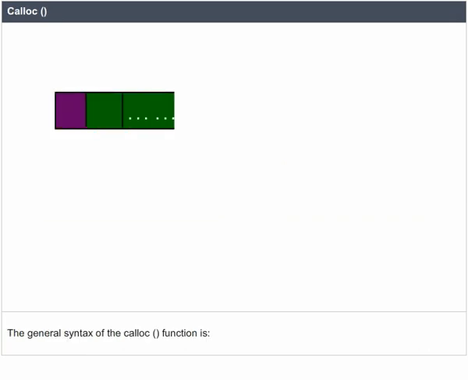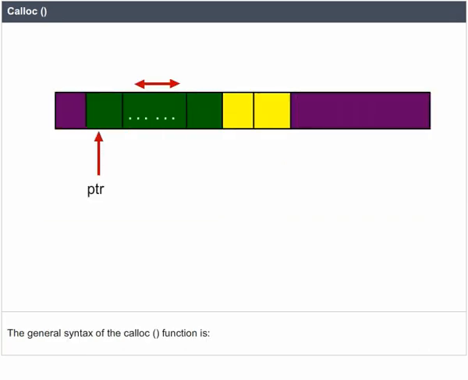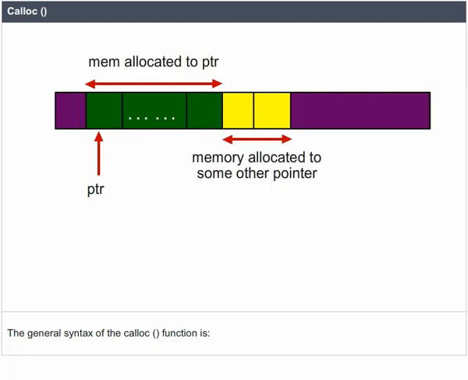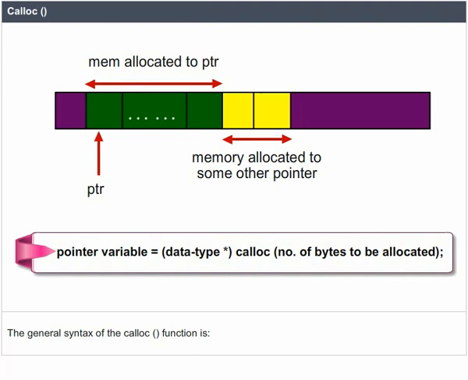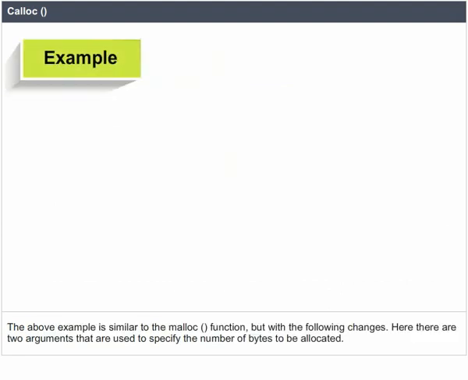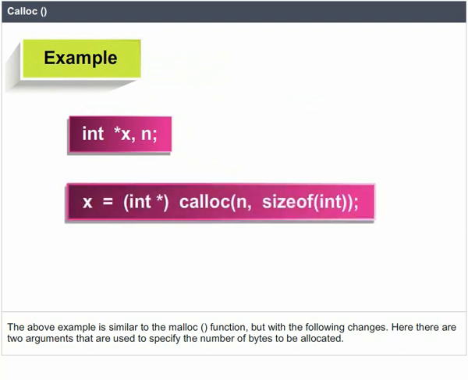The general syntax of the calloc function is: pointer variable = (data type *) calloc(number of bytes to be allocated); Example: int *x, n; x = (int *) calloc(n, sizeof(int)); The above example is similar to the malloc() function but with the following changes.